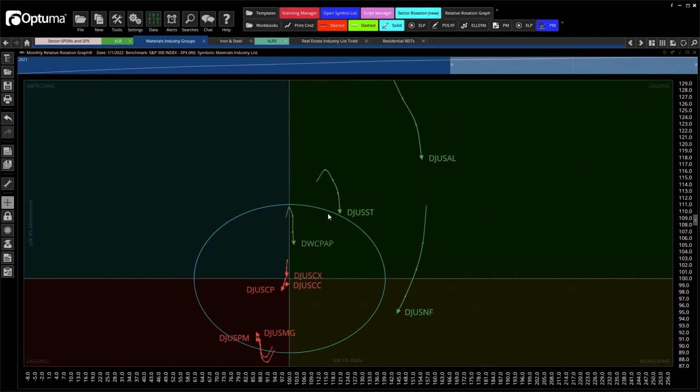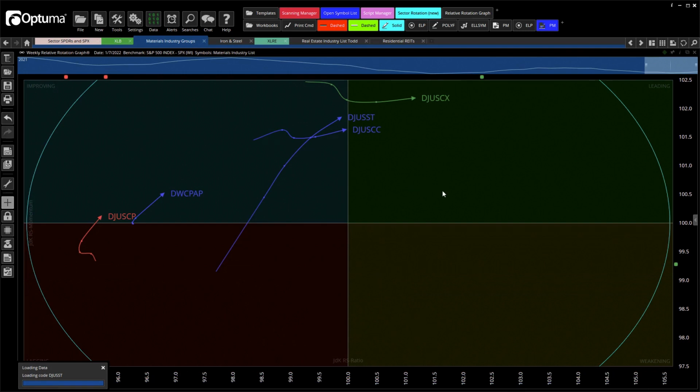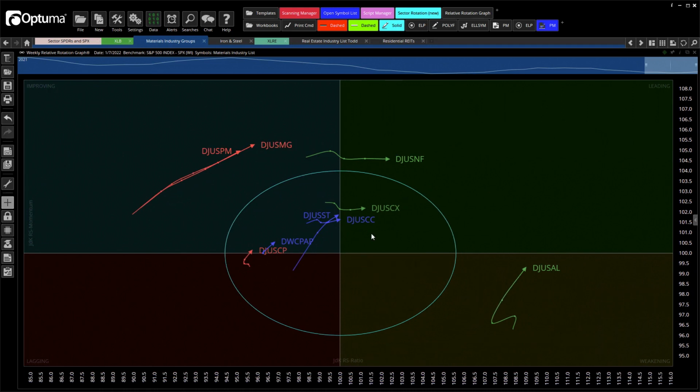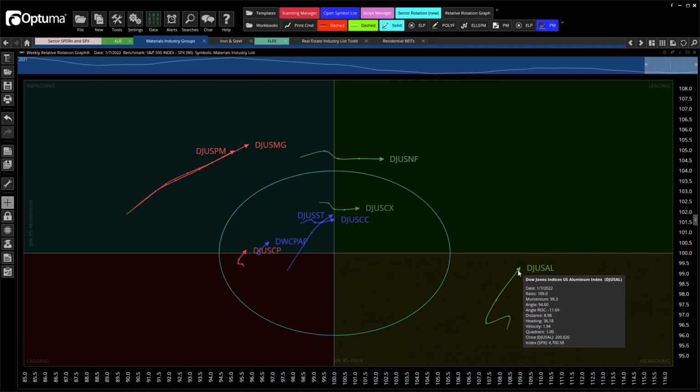So we kind of like to do 2 different screens. Let's take a look at anything that's in the monthly but may also be in the weekly. Okay, and let's see if we can find that. So when I zoom back out here, I want to show you that the aluminum index was in the monthly. It's actually seen as a recovery play, right?